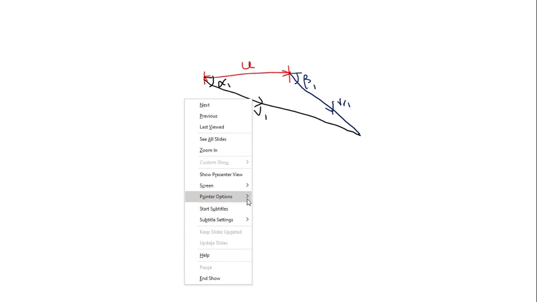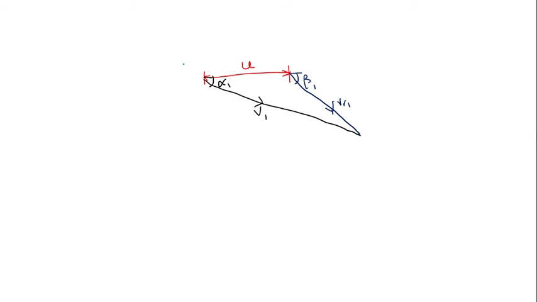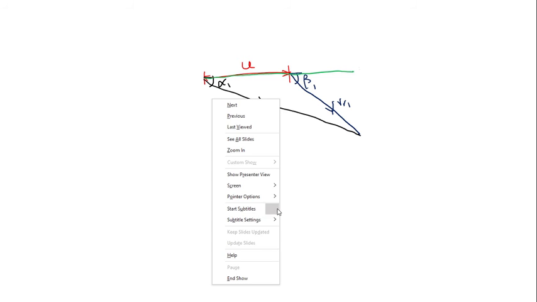So if this is our V1, this whole becomes our VW1. Just a second.